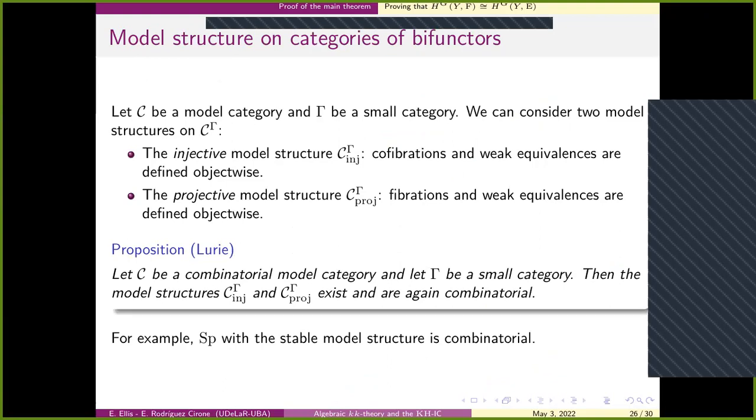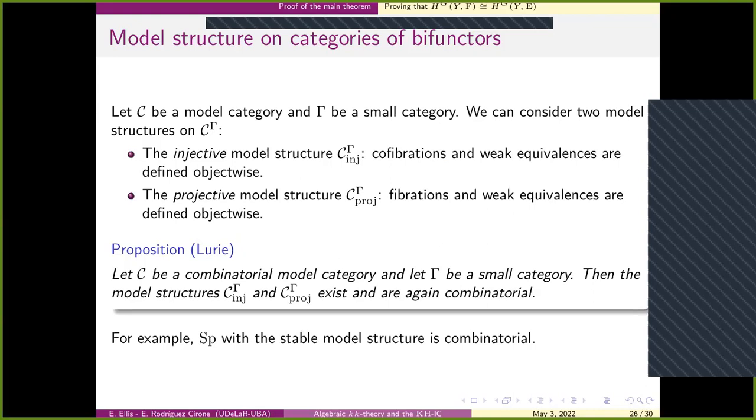Well, then we have this proposition by Lück that says that if C is a combinatorial model category and Γ is a small category, then both model structures, the injective and the projective, exist and are again combinatorial.